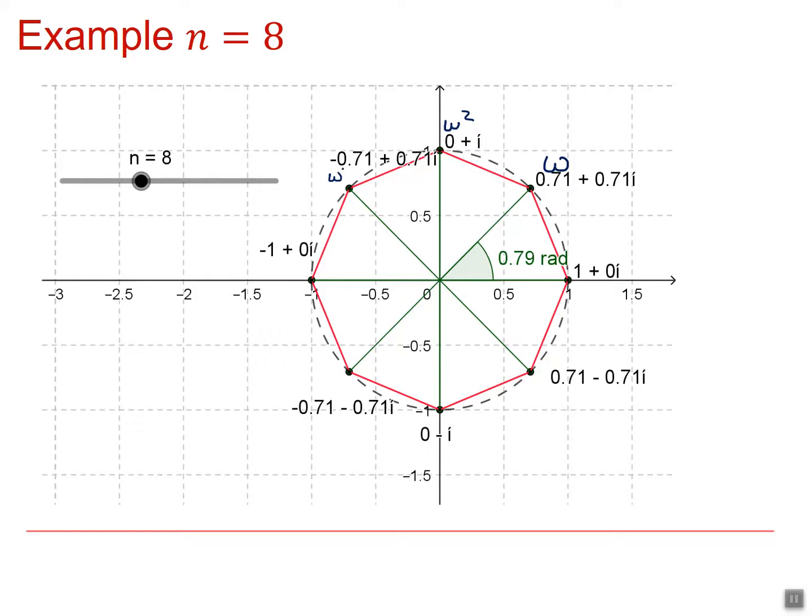So this will be omega cubed, omega to the 4, omega to the 5, omega to the 6, omega to the 7, and of course we always get 1. You can think of that as omega to the 0 if you prefer.